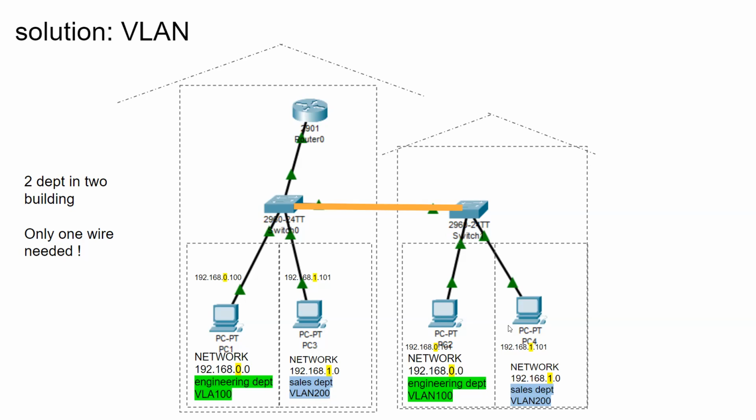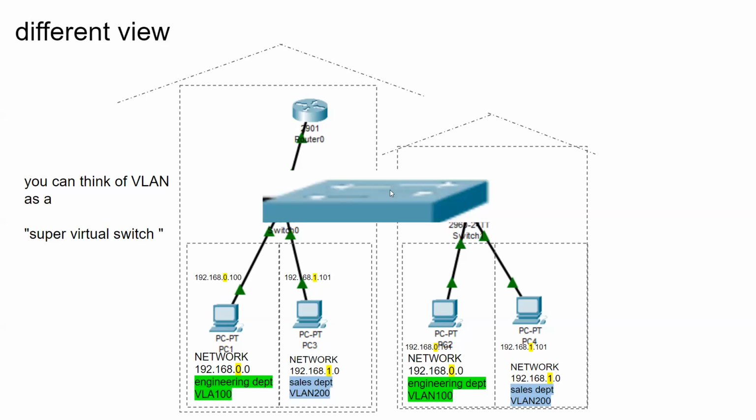So we are saying the sales section is VLAN 200, and the engineering department is VLAN 100. Another way to think about this is to imagine that these two switches connect to each other. We just connect them and basically make a bigger switch, or a super virtual switch.